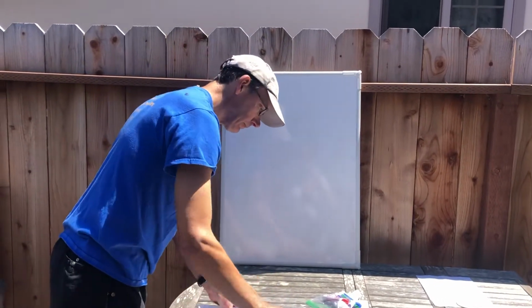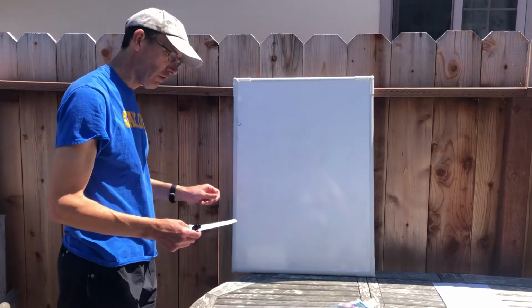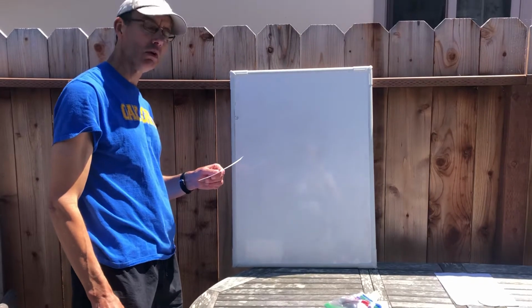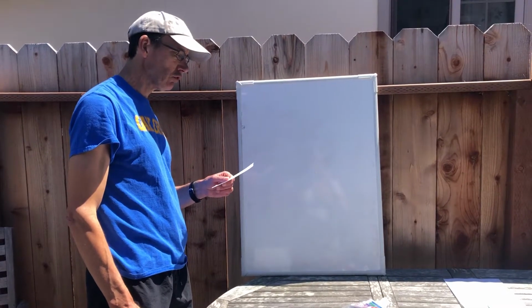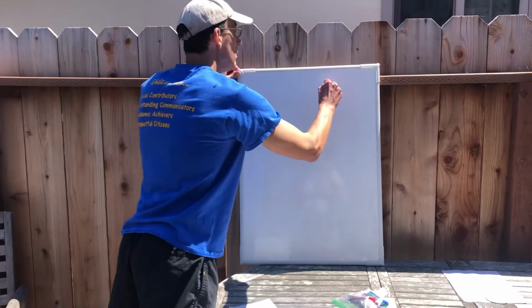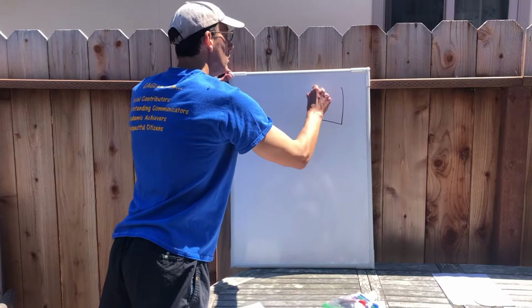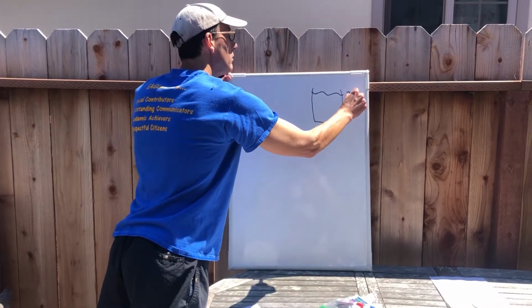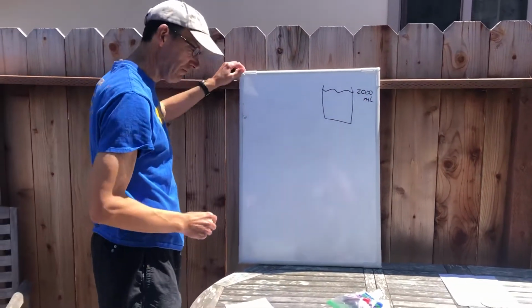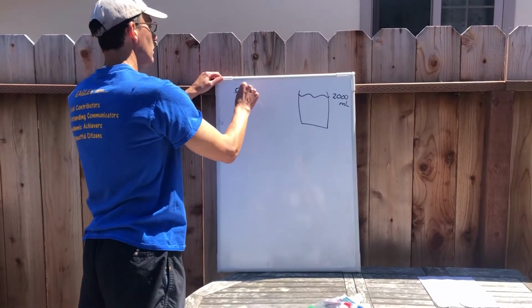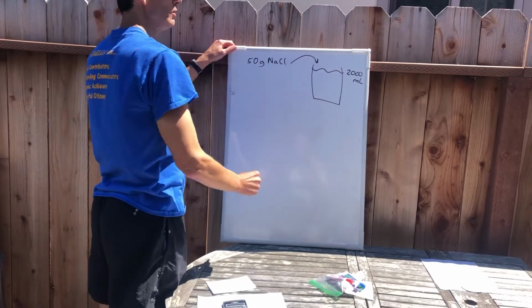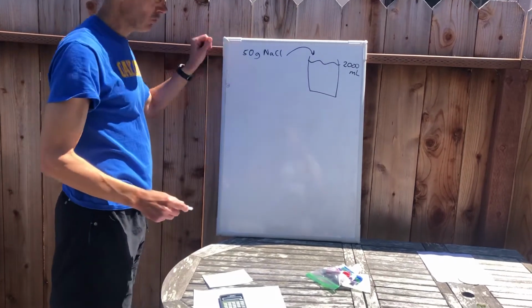Okay. So the first problem said you're going to take 50 grams of sodium chloride and make a 2,000 milliliter solution, and you're supposed to determine the molarity of that. So, 2,000 mLs, and you're going to take 50 grams of sodium chloride, put that in here, and calculate the molarity of the solution.